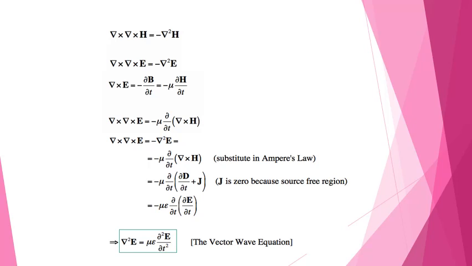Therefore, del square E is equal to mu epsilon dou square E by dou t square.